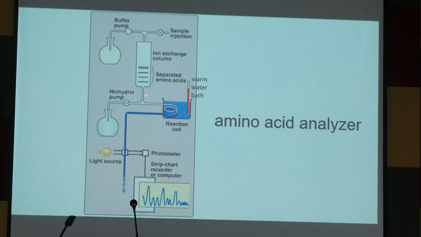When the amino acids pass through this coil, we send in the chemical so that they react. And when this solution comes out, we pass it through the spectrophotometer. This is the photometer, and this is the source of light, so that we can estimate the concentration of the different amino acids, like how many amino acids are present.